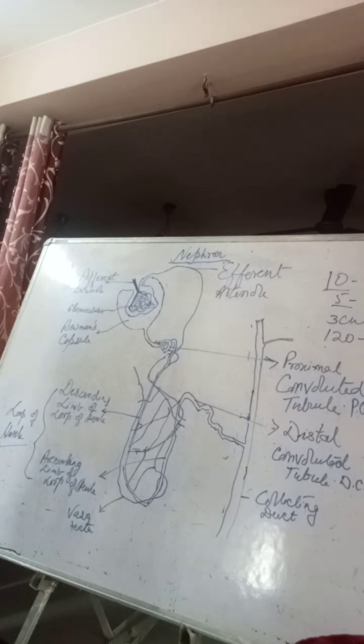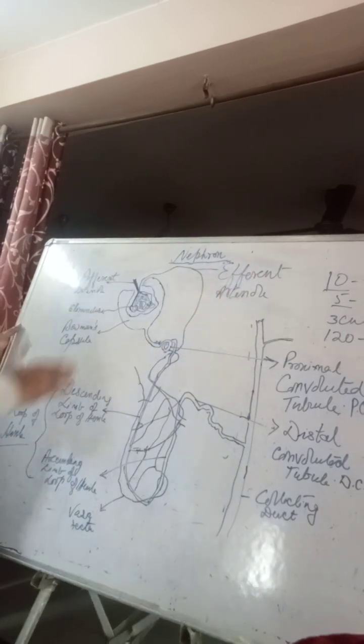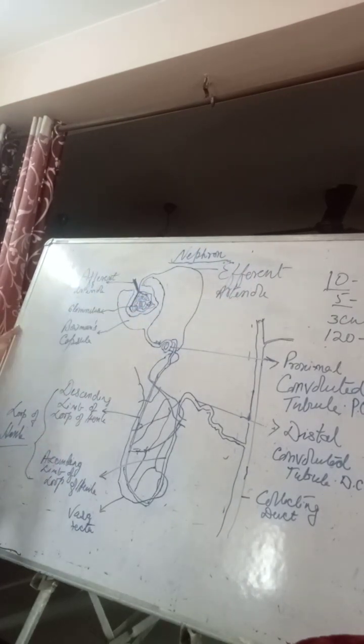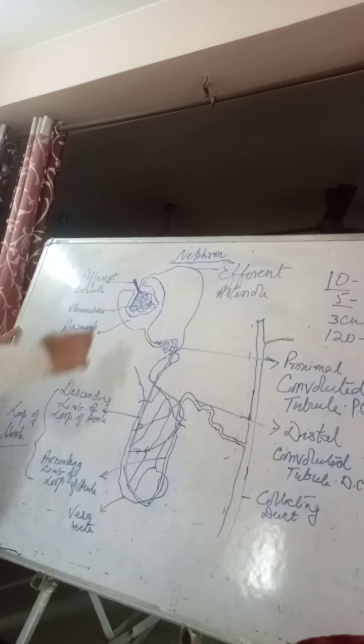Now, what is the functional unit of the kidney? That is the nephron. It does the function of filtration, forming the urine. How does it happen? Blood enters the kidney through the afferent arteriole, a thicker arteriole. Then a bundle of capillaries is formed, which is called the glomerulus.